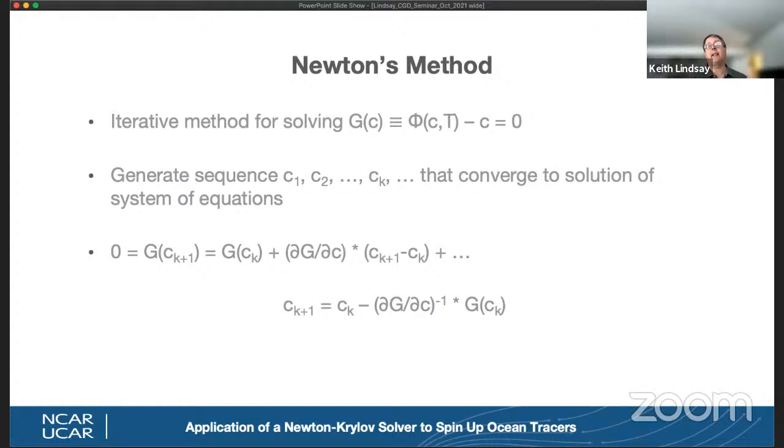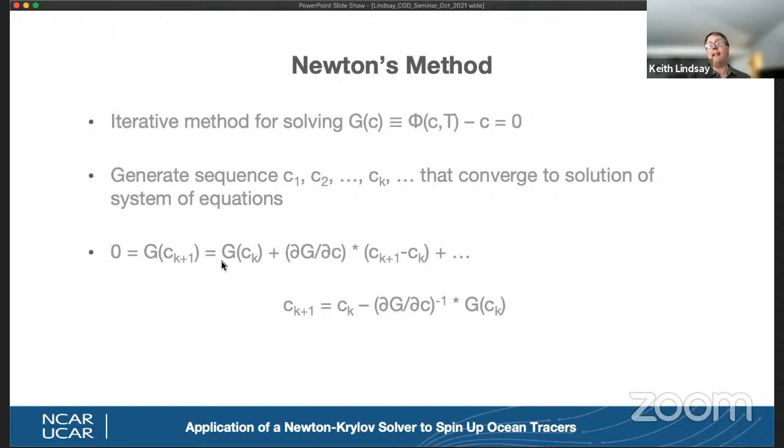So this is generating a sequence of state vectors, C1, Ck, et cetera, that will converge to the solution of the equations. And the way that Newton's method is derived is that we say that we're going to approximately set the function that we're solving for at the next iterate equal to 0.